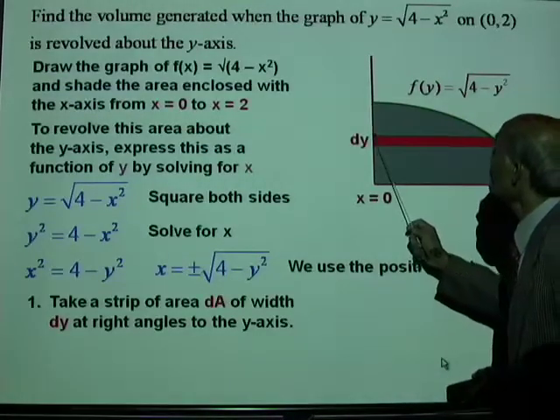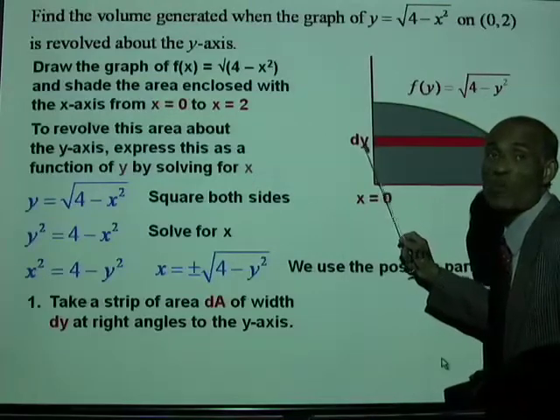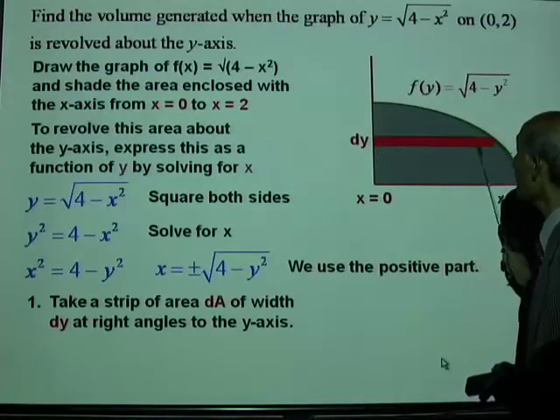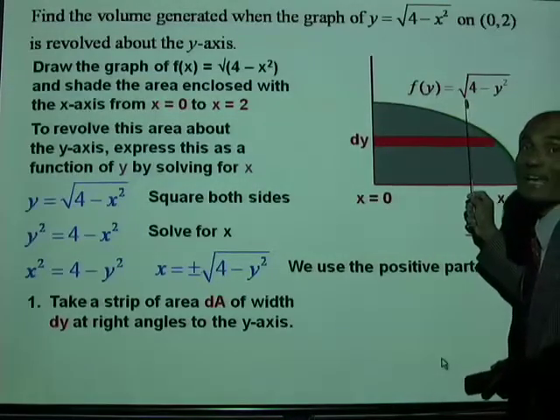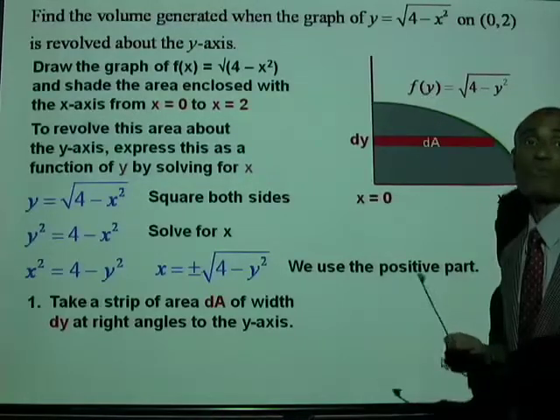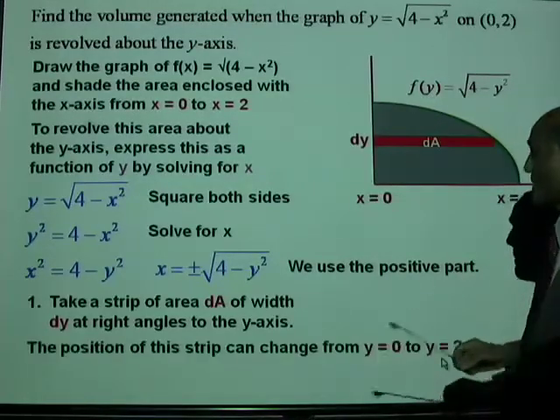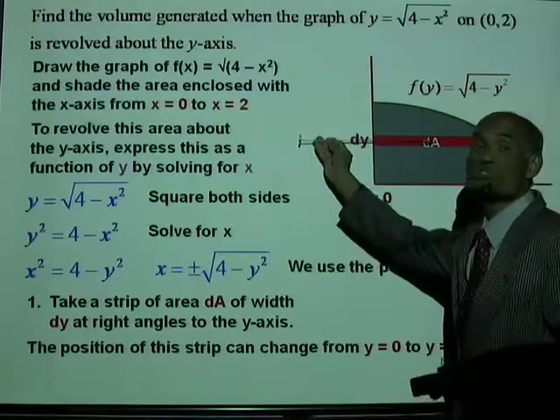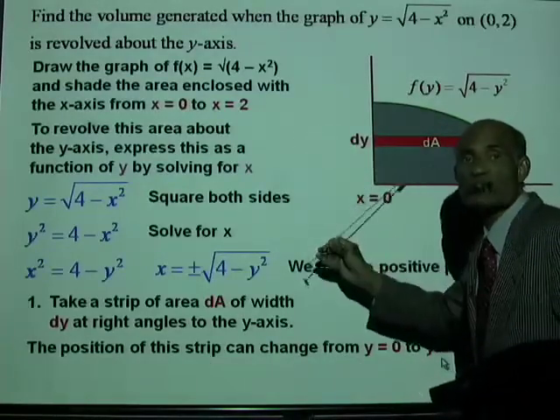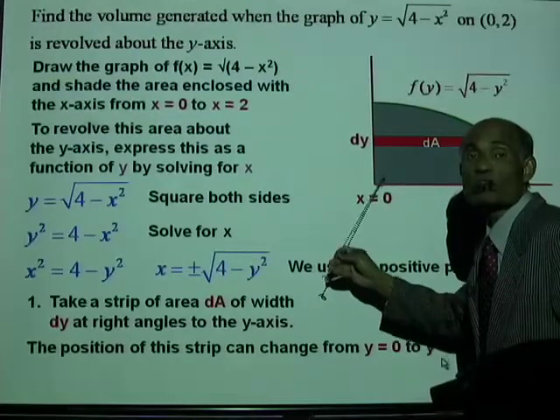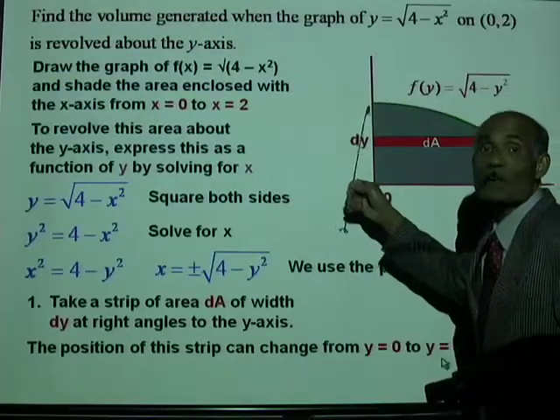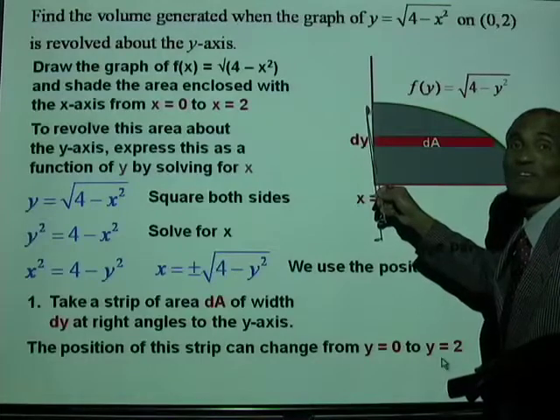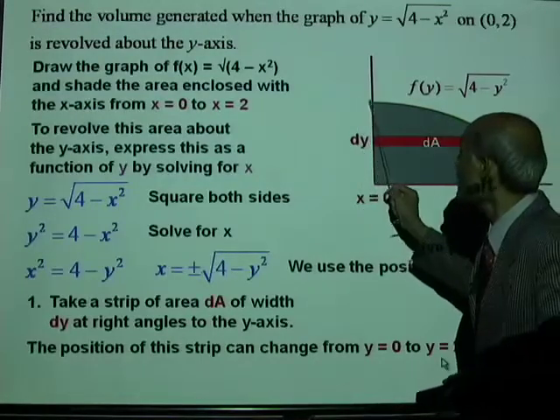Now, the width of that area is dy, and what is the length of that strip? The length of that strip is f of y. The position where you take the strip can change from y equal to 0 to y equal to 2.